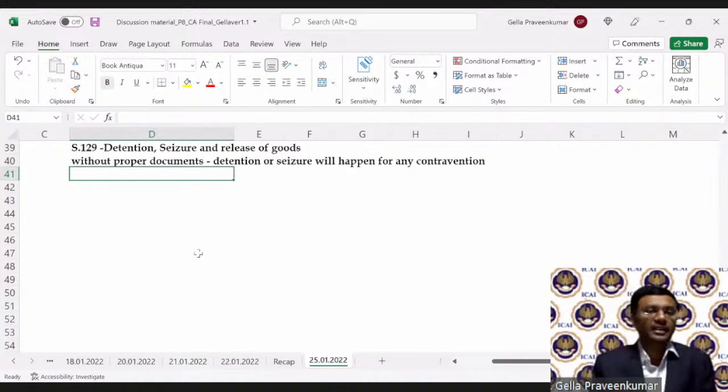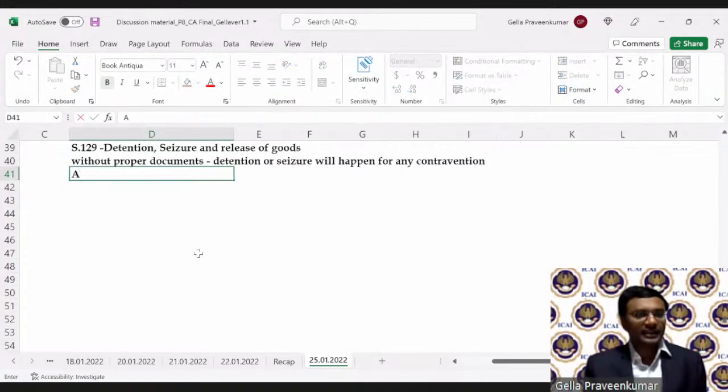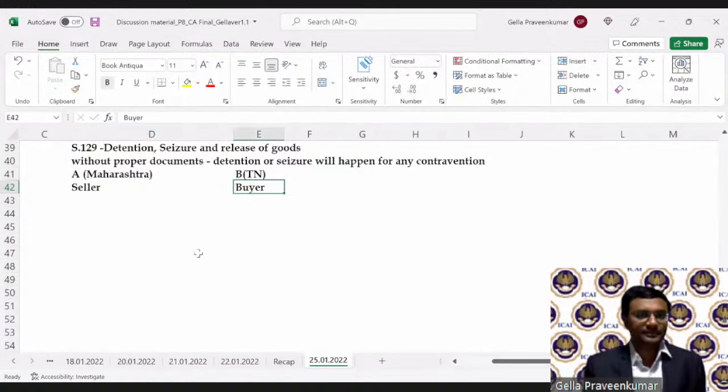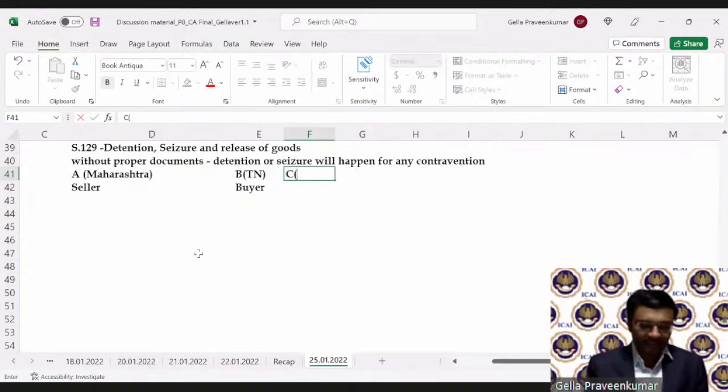Say A is a supplier in Maharashtra, and B is a buyer in Tamil Nadu. In transit, there is a location, I'll say location C, and let's say the goods have to pass through Andhra Pradesh.